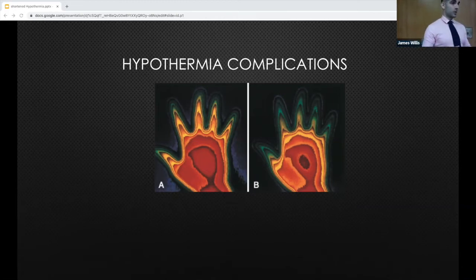And as you start to rewarm them, that cold acidic blood then returns to central circulation and can cause a decrease in temperature and can cause that acidic blood to precipitate dysrhythmias. There's a little bit of controversy as to whether or not this is clinically relevant or even preventable. But the recommendation is that we warm the core before the periphery just to avoid this from happening.